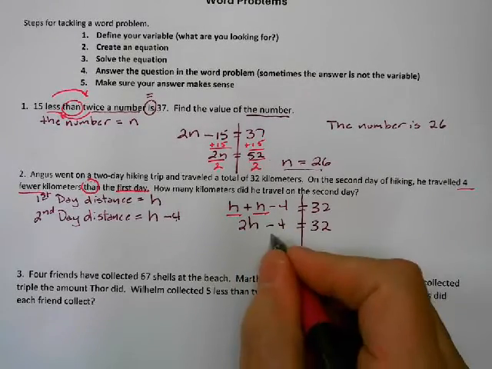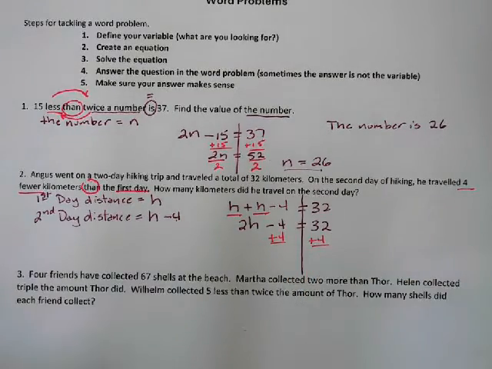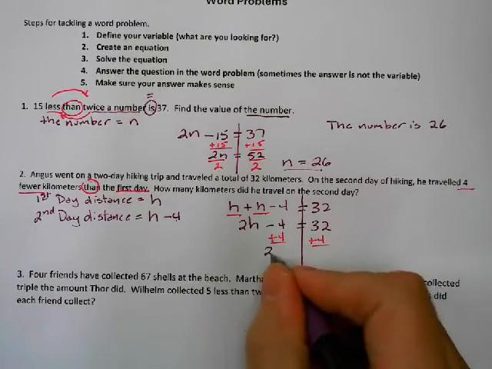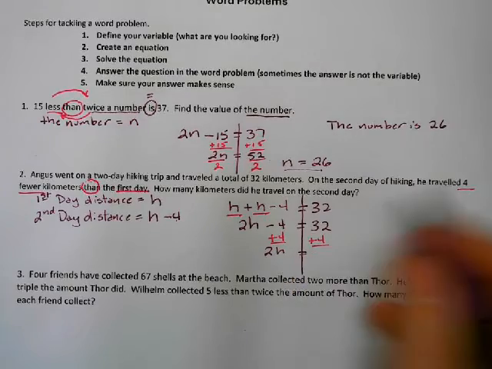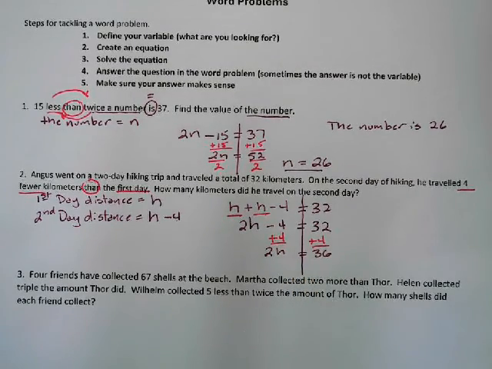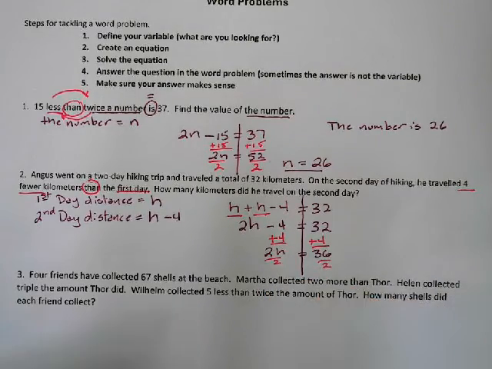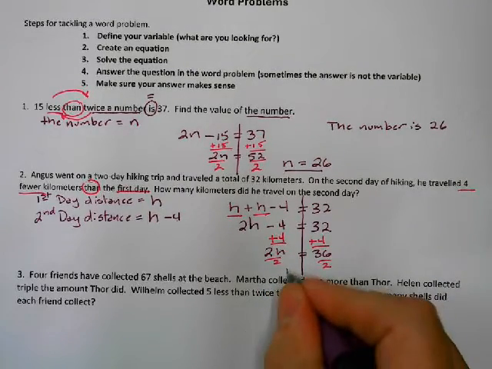Add 4 to both sides. We get 2H equals 36. Okay, divide by 2. We get H equals 18.